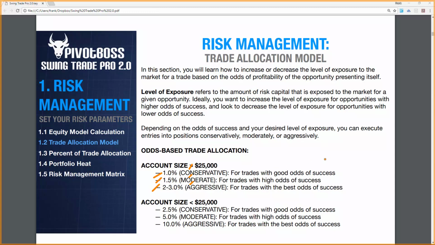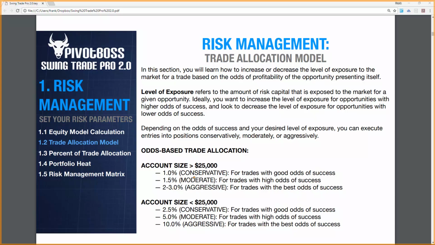And now what I'm asking you to do is tie in further the odds of success for a given opportunity. So for trades with good odds of success, perhaps you go conservative. For trades with high odds of success, perhaps you go moderate. And for trades with the best odds of success, go aggressive. These are 3 different layers right now that you can overlay in order to really get a good grasp of how to allocate your equity for various trades.